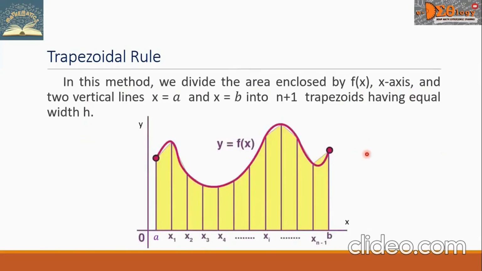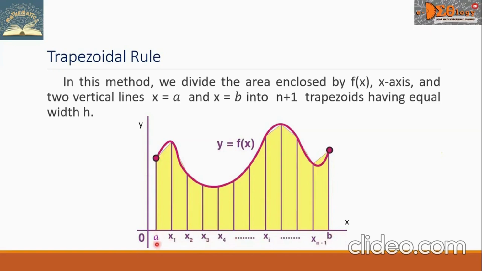Look at this illustration. On top is the graph of y equals f of x. Below is the x-axis. On the sides are the vertical lines x equals a and x equals b. Look at the x-axis. We have some arbitrary numbers.